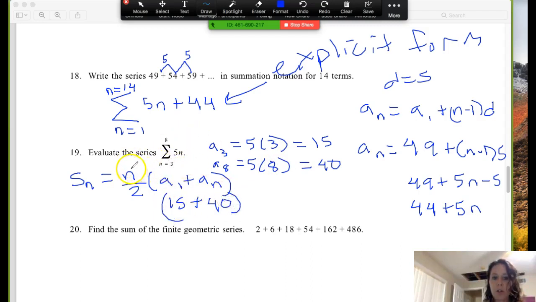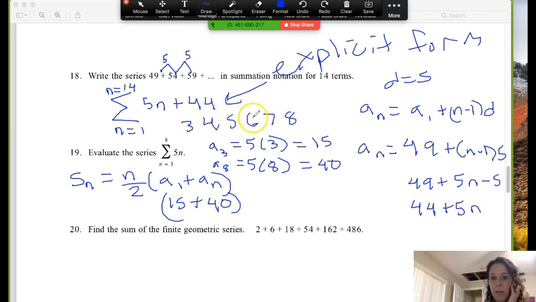And then the number of terms, now careful, this is tricky. If you go from 3 to 8, you think your number of terms would be 8 minus 3, which is 5. But you have to count that first term. You have the third term, fourth term, fifth term, sixth term, seventh term, eighth term.